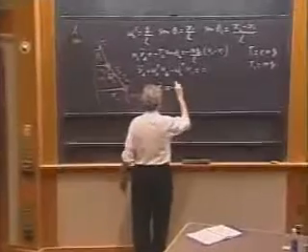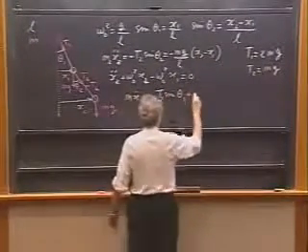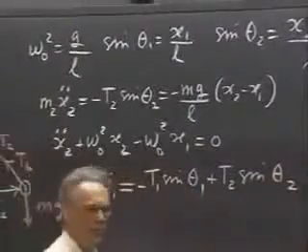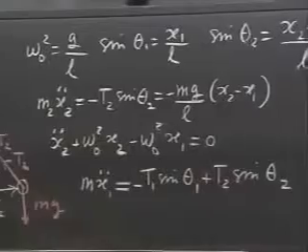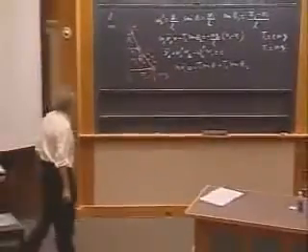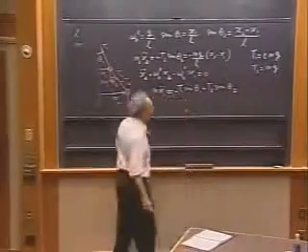So you get minus T1 times the sine of theta 1 plus T2 times the sine of theta 2. And so I'm going to substitute in there now the sines, and I'm going to substitute in there T1 equals 2mg and T2 equals mg.